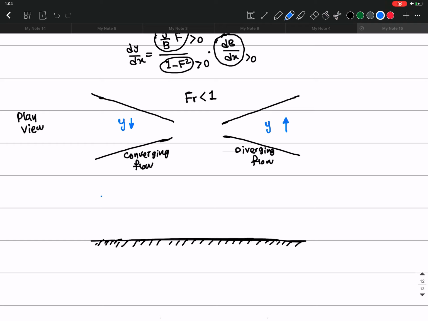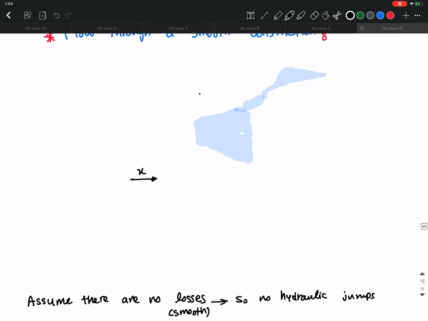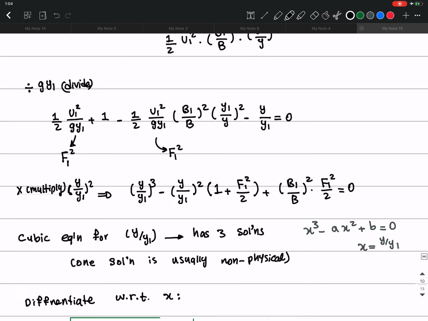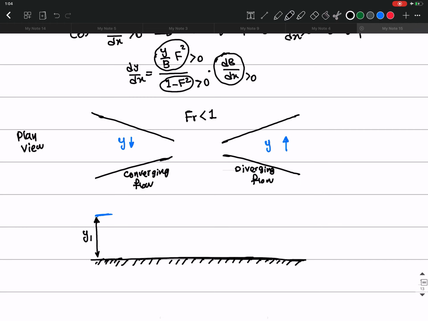So we have flow here that starts with y1. So the depth of the flow, the initial depth is y1, right? Like here. And then as the flow goes over this constriction for flow number smaller than 1, the y has to decrease, so the y decreases to say y2 in the throat, in the center.